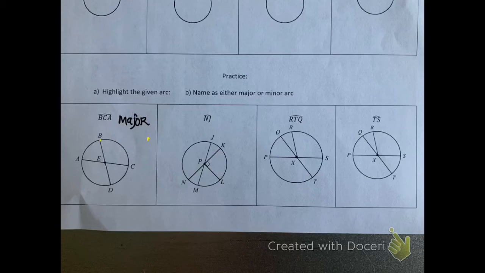And there's really 2 ways that you can turn from here. You could go clockwise or counterclockwise, but there's only one option in order to trace BCA.